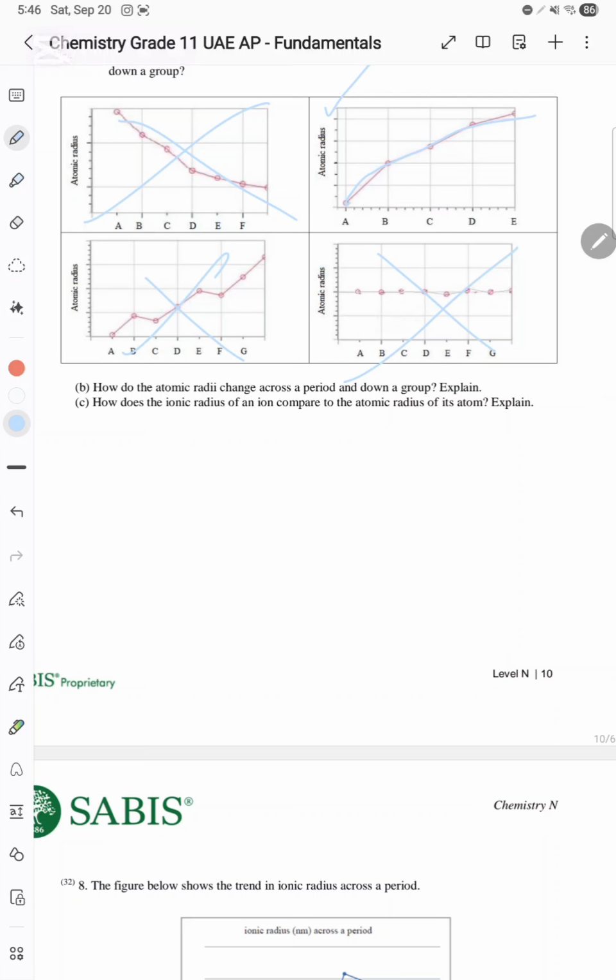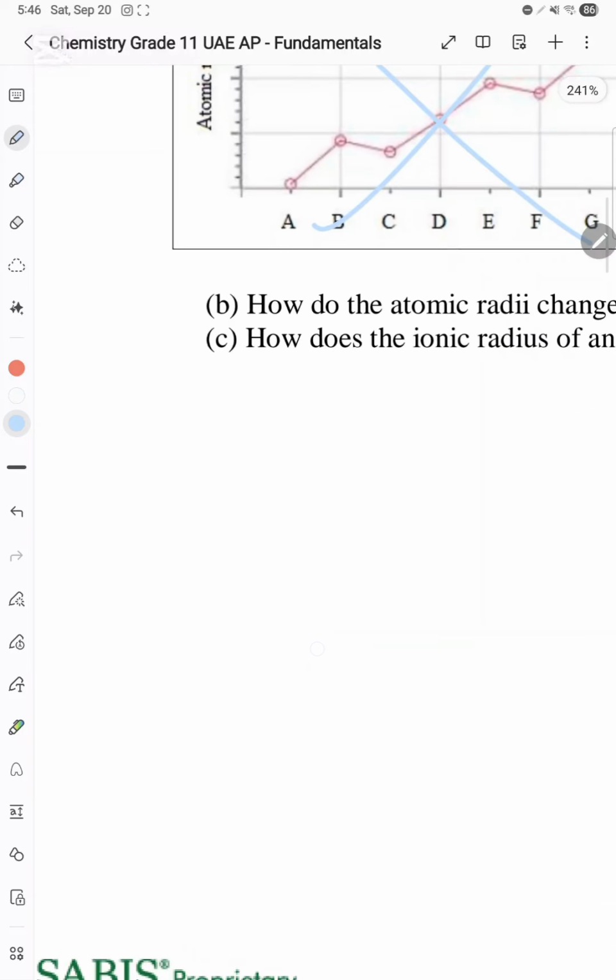Now, how does the ionic radius of an ion compare to the atomic radius of its atom? In this question, it's a trick question because it depends. If you have a positively charged ion, or a cation, how does a cation form? It's formed when it loses an electron, so it has more positive charges.